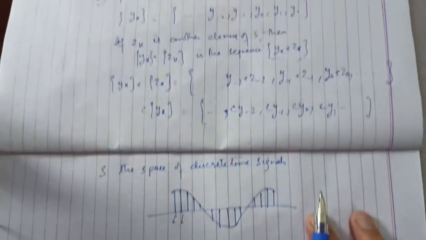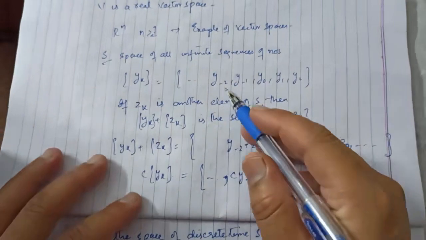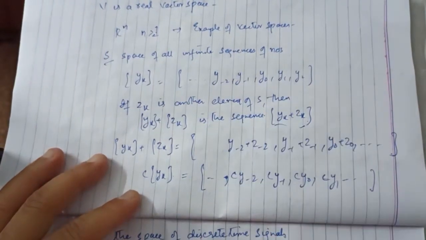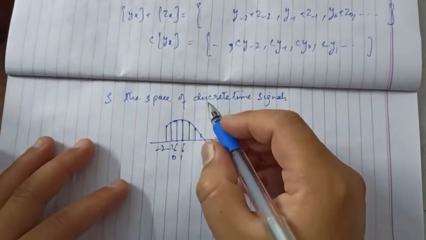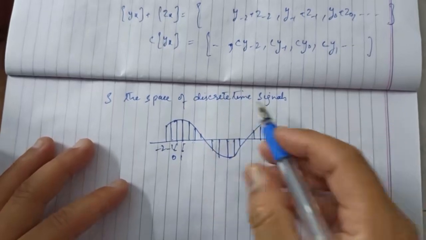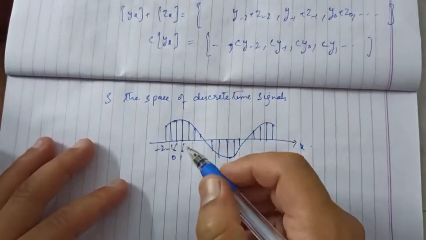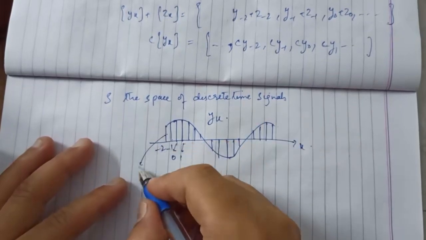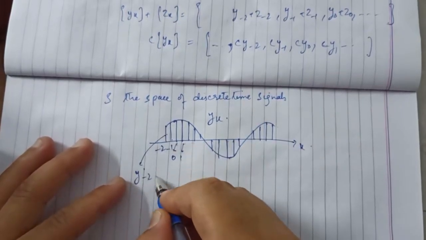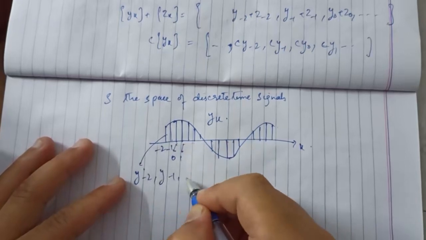So if I say this axis is k, with 0, 1, and -1, -2, this value is y of -2, this is y of -1, and so on.